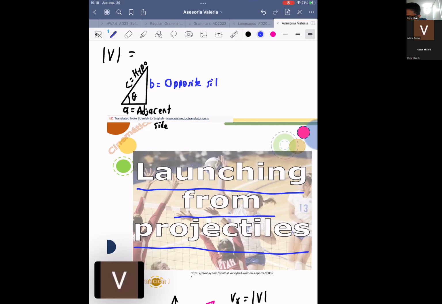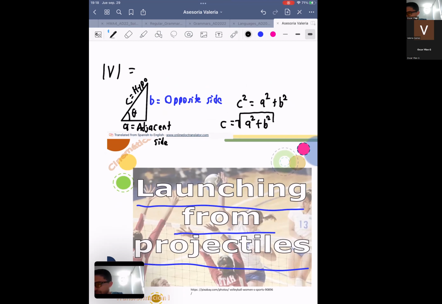The magnitude is just applying the Pythagoras theorem: C squared equals A squared plus B squared, and to get the value of the hypotenuse C, we use this formula. For vectors, it's kind of the same.